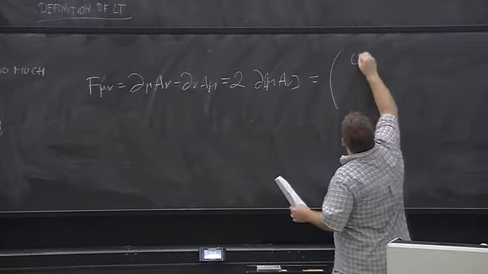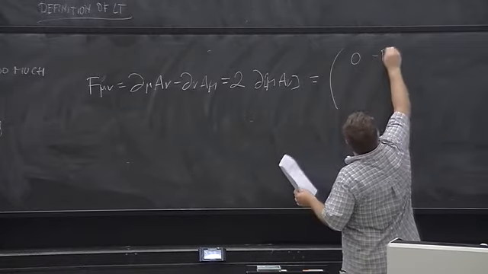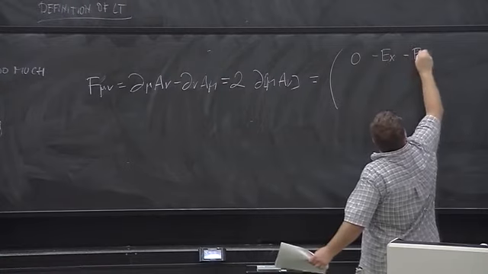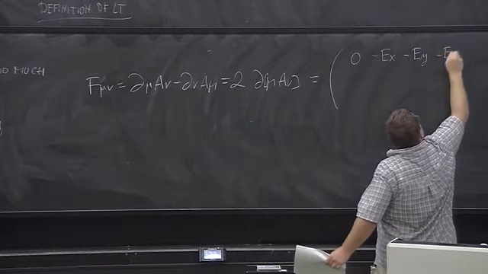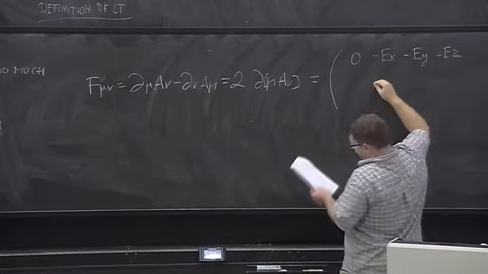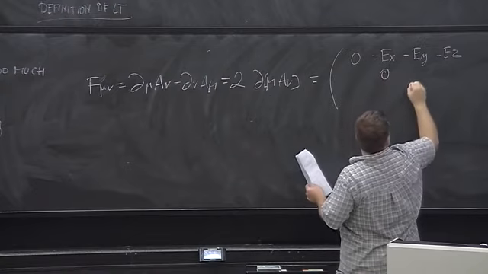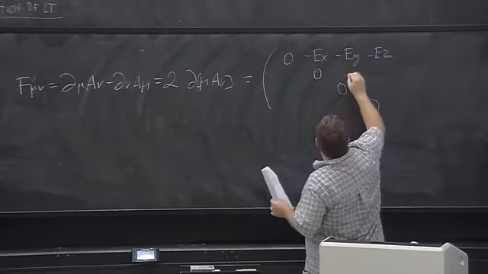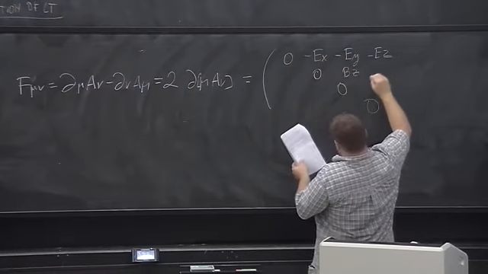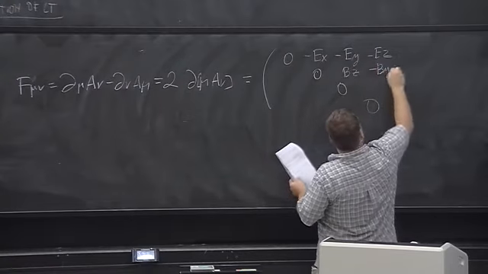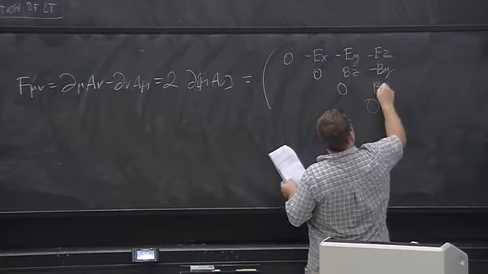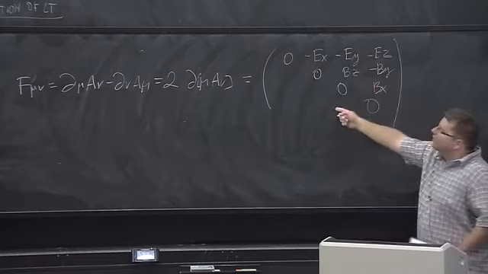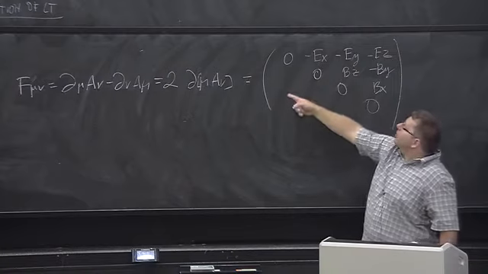And then if you do it, you find that this is minus Ex, minus Ey, minus Ez. And then you have 0, it's antisymmetric on the diagonal. And then you have Bz, and then minus By, and then Bx, and then the antisymmetric thing. So that will be plus Ex, plus Ey and whatever.